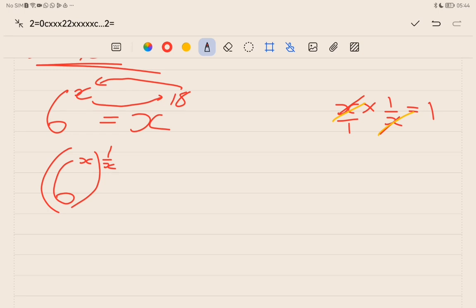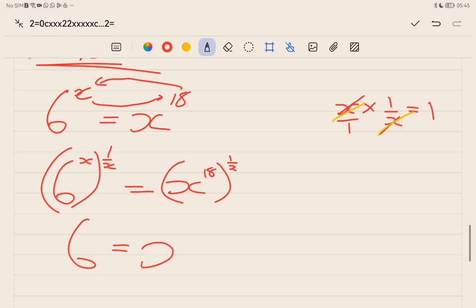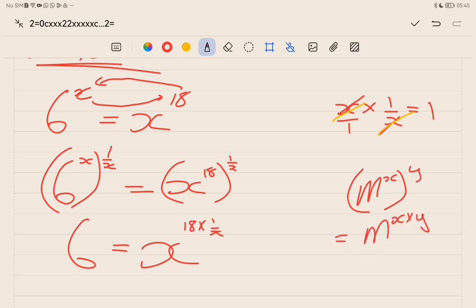Then remember that whatever you do on the left hand side, you must do on the right hand side. So even here, we're going to have something like this. Then this side will be 6, since the exponent will be 1. Then here we're going to say x to the exponent 18 times 1 over x, from the law of exponents, which is represented in this way. You are familiar with it.